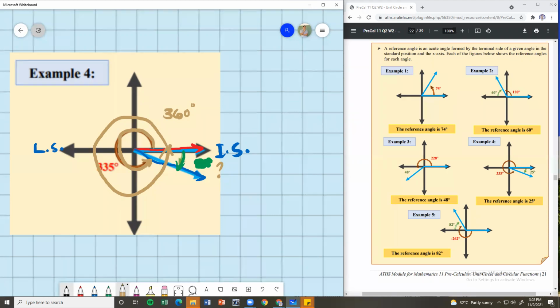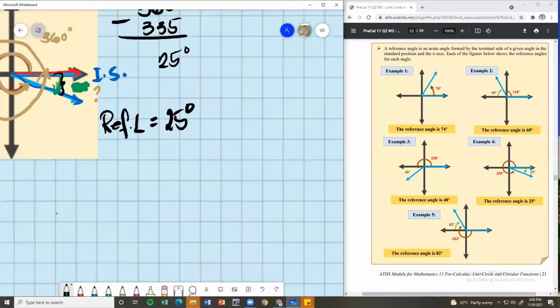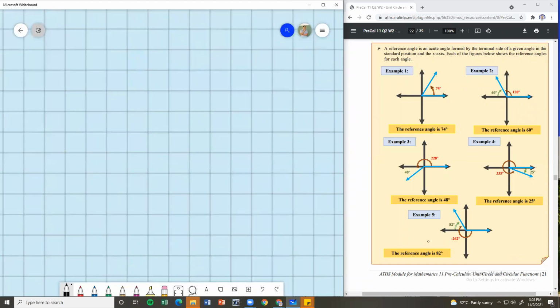You subtract 335 from 360. So 360 minus 335, you will get the remaining measurement here, which is 25 degrees. And so that is your reference angle. 25 degrees. Got it? One more. Let's take this example.